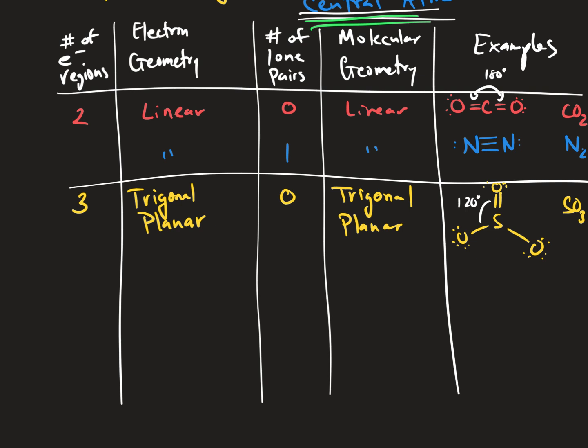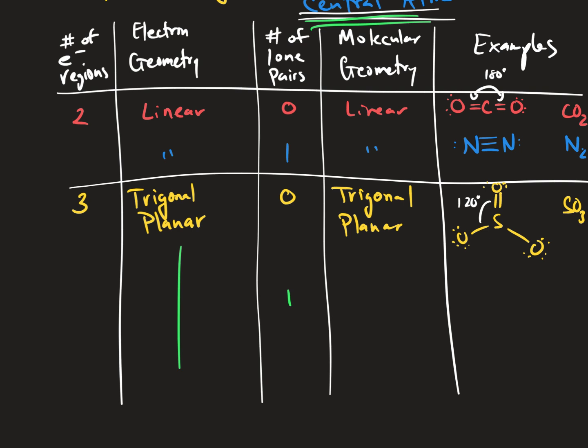Next one, if we have 3 electron regions and 1 lone pair of electrons, then, well, if it's 3 regions, the electron geometry is always going to be trigonal planar. Good? First of all, I didn't really talk about the difference here. What's the difference between electron geometry and molecular geometry?